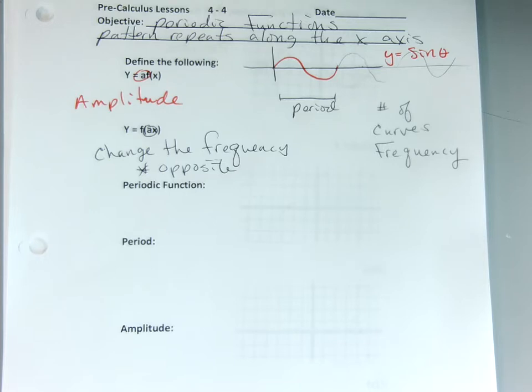If I change the frequency, I need two of these curves in this space. So it's going to look like this. Okay, I got two of them. See how that works? It didn't make it wider, did it? Two inside did not make it wider at all. In fact, it did just the opposite. It did half as wide, right?